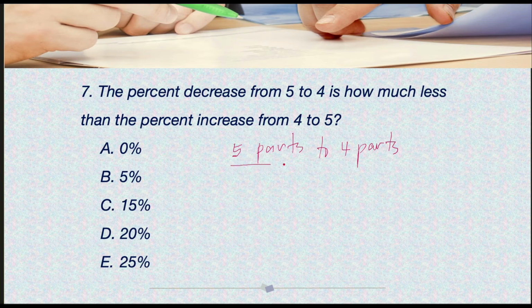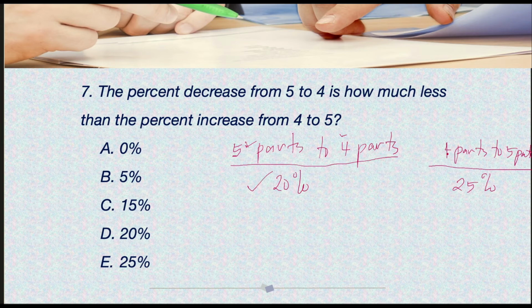So from 5 parts to 4 parts, we decrease 20%. Okay? However, if we increase from 4 parts to 5 parts, okay, the increase would be 25%, because 20% here, because you started from 100%, and 100 divided by 5 is 20, so 1 part is 20. So when you decrease 5 to 4, you decrease 1 part, so you decrease 20%.